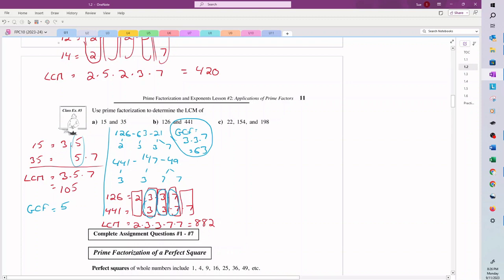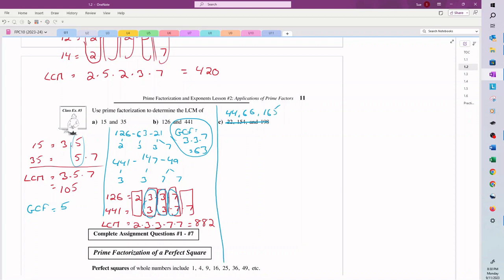And finally, we want the lowest common multiple of all three of these. I'm going to use different numbers for this third example because I don't love this example. So instead of these numbers, we're going to do 44, 66, and 165.